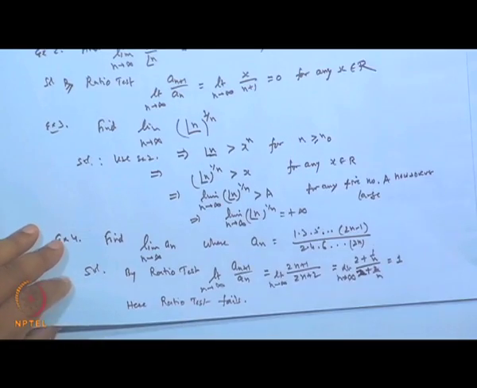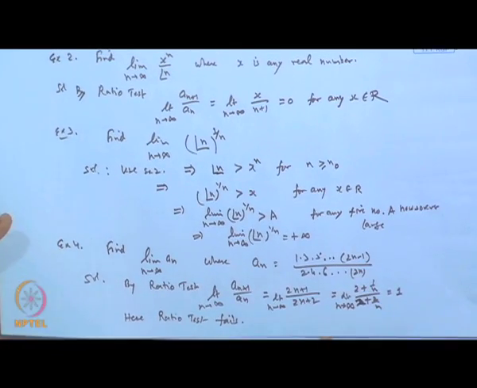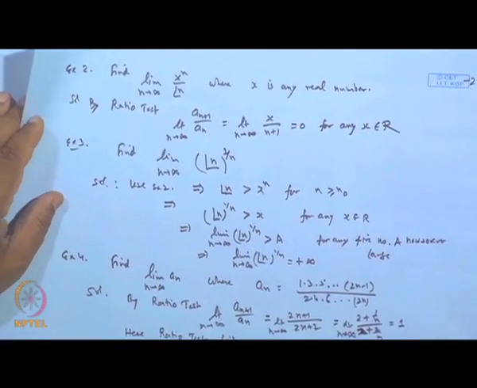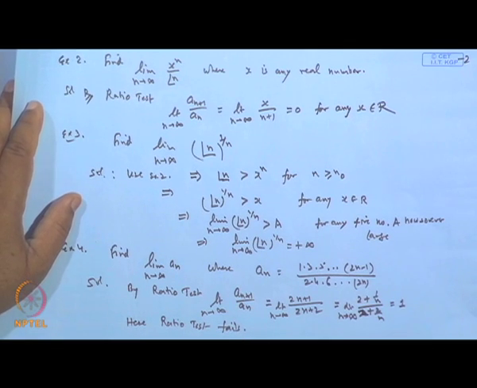So, what to do? In that case, we have to apply our previous knowledge. We know that if a sequence is monotonically increasing and bounded above, or monotonically decreasing and bounded below, then such a sequence will definitely have a limit. So, let us find out whether this sequence is monotone or not.